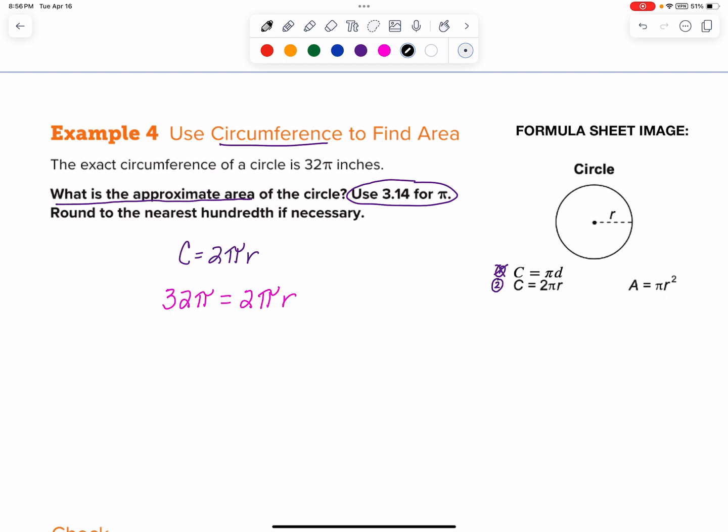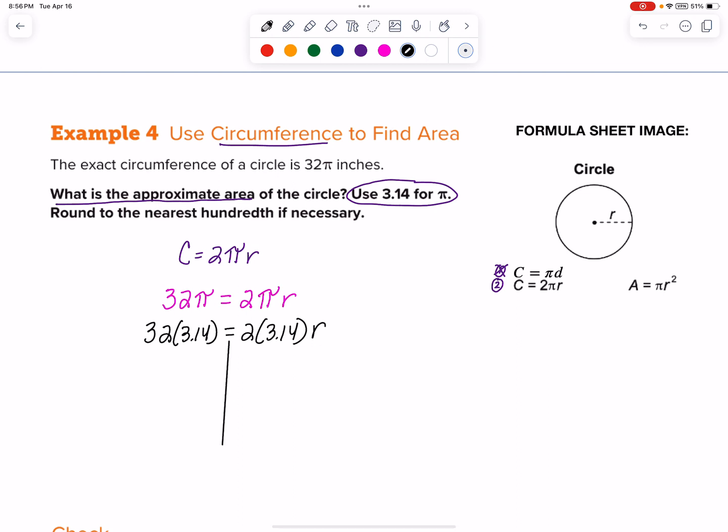We can start typing in some things we know because they're telling us to use 3.14. So I have 32 times 3.14 equals 2 times 3.14 times r, and I don't know what r is. Now, we're not really combining like terms, but you can solve some of these first.